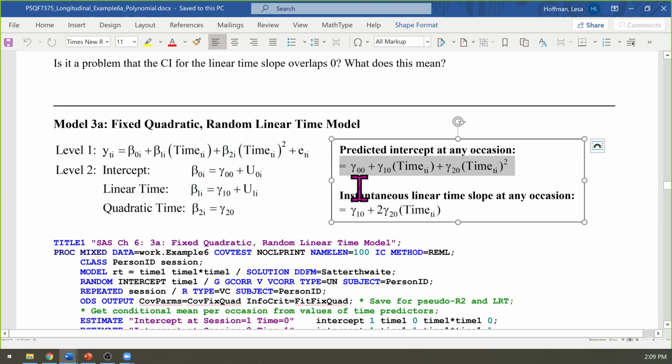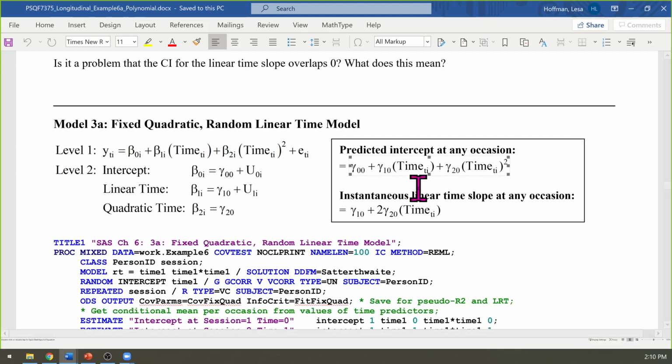So I need 1 of the intercept. I need however many linear slopes as a function of time. So in this example, I had given you time 4, so I would put a 4 here. And I need 4 squared. So when you're creating an intercept, you square time as the contribution to the quadratic.